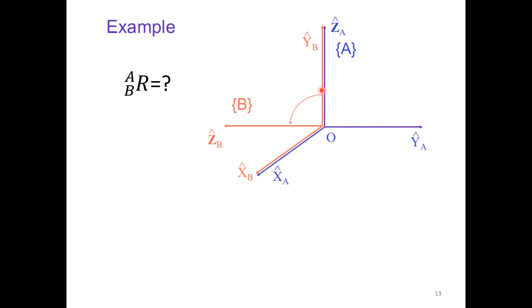So you have to calculate the shadow it creates on x hat A, y hat A, and z hat A. Because of the 90-degree thing, there's no shadow on x hat A, no shadow on y hat A, but there is a shadow on z hat A, and that shadow is 1 unit long. So the second column of the rotation matrix is 0, 0, 1. Jayaratna has got that correct too.